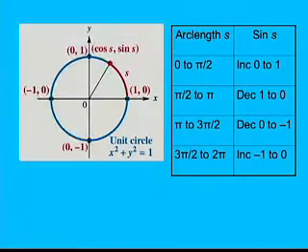The best way to understand the behavior of the sine and cosine functions is to look at their graphs. To generate the graphs of the sine and cosine functions, we will begin with the unit circle pictured here.